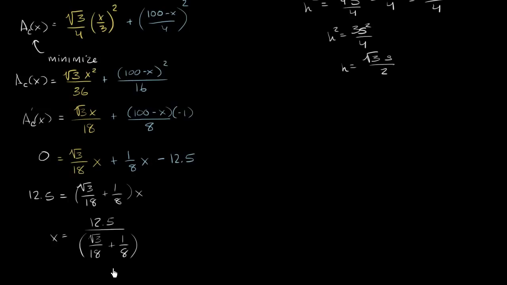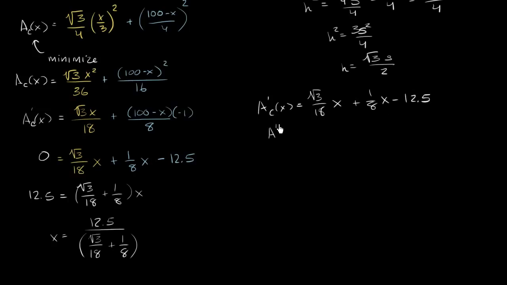In order to figure out whether this is a minimum point, we have to figure out whether our function is concave upward or concave downward when x is equal to this. And to figure that out, let's take the second derivative. The derivative of our combined area was equal to the square root of 3 over 18 x plus 1/8 x minus 12.5.